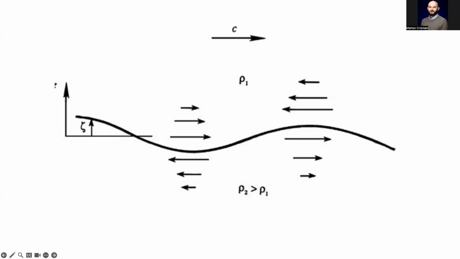So it's constant in x and y, for example, but not in z. Except. Okay. We're also going to assume that the wave motion is inviscid. Okay. And amplitudes are small.